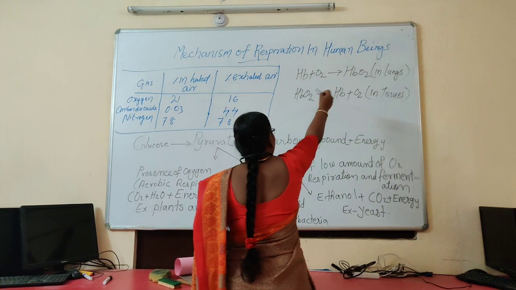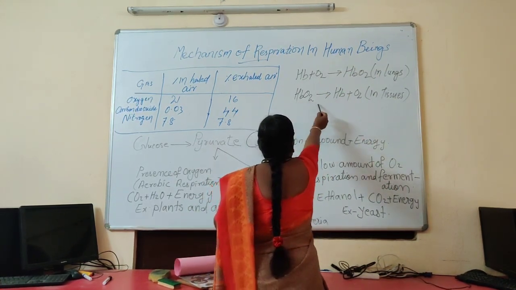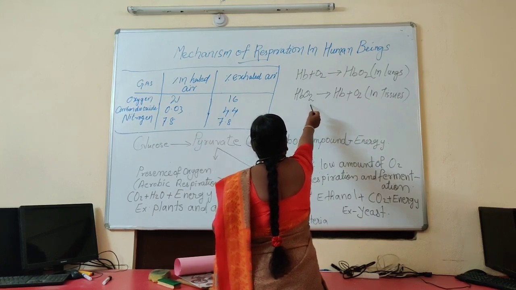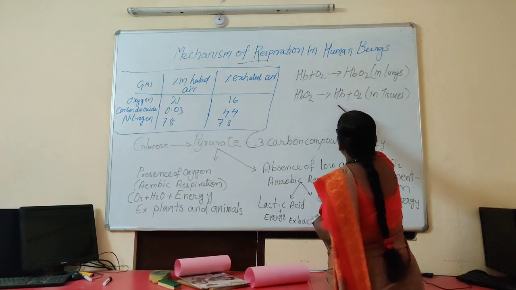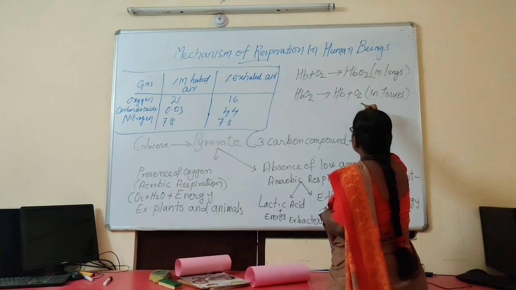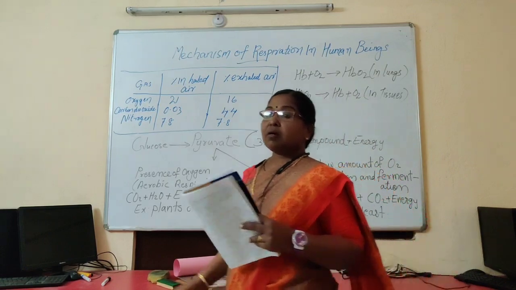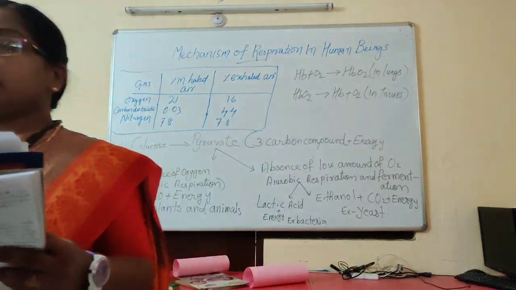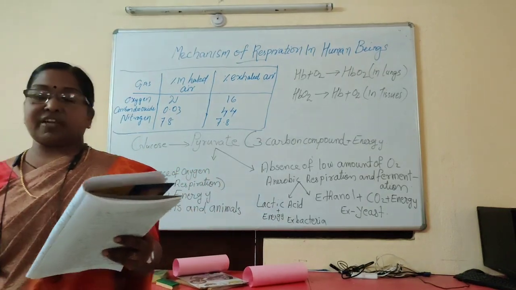And in tissues, sometimes it happens in reverse: oxyhemoglobin HbO2 converts into hemoglobin plus O2, oxygen, in the tissues. By studying that equation you can understand how the reactions take place.